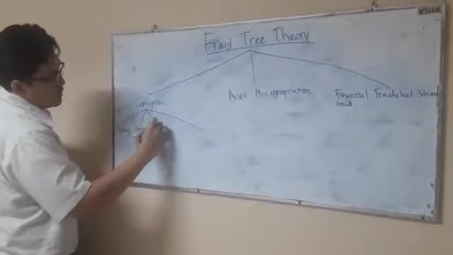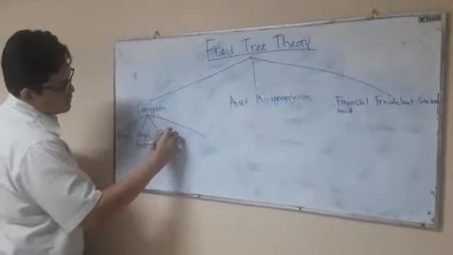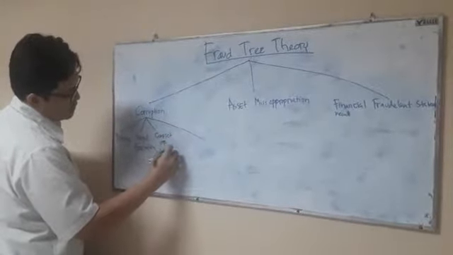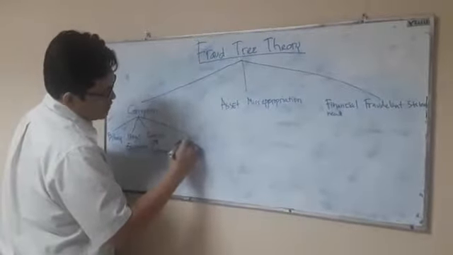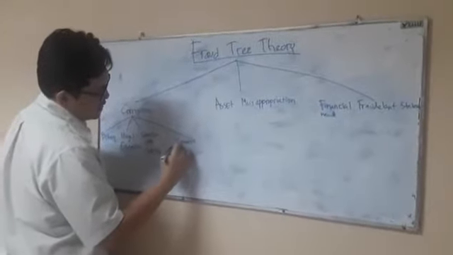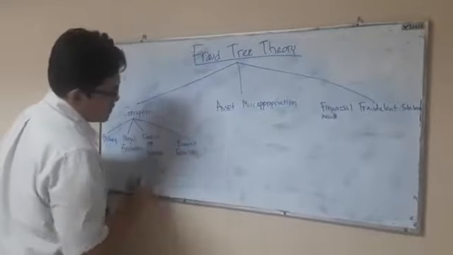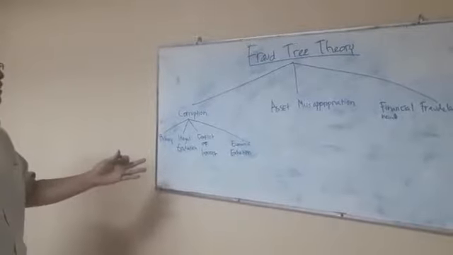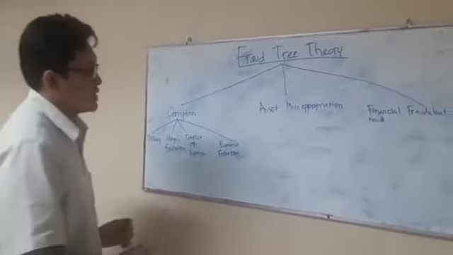Number three is conflict of interest. And number four is economic extortion. Okay, these are all the fraud actions under corruption based on the fraud tree theory.